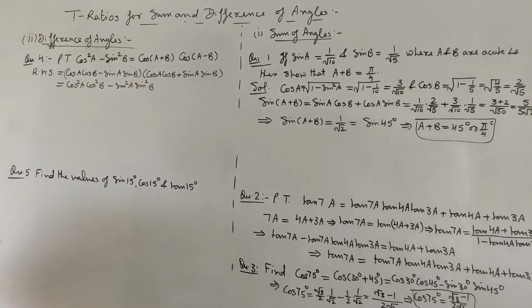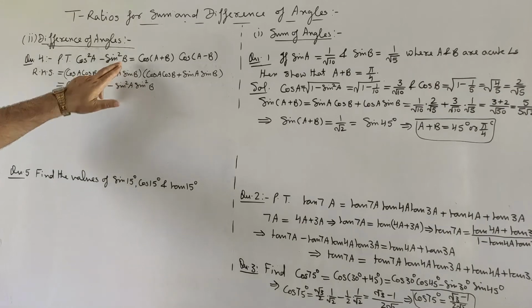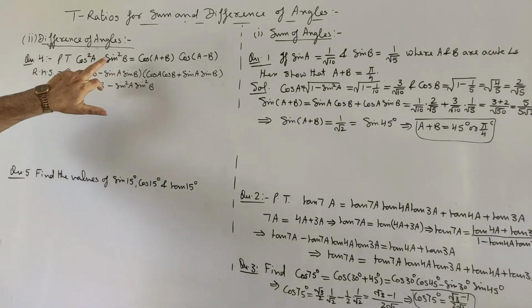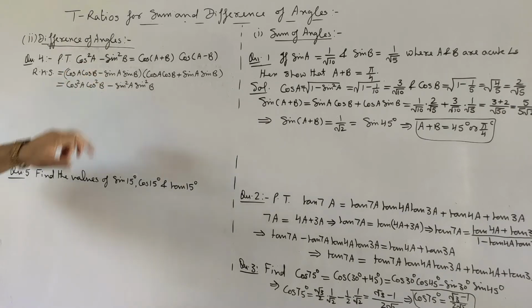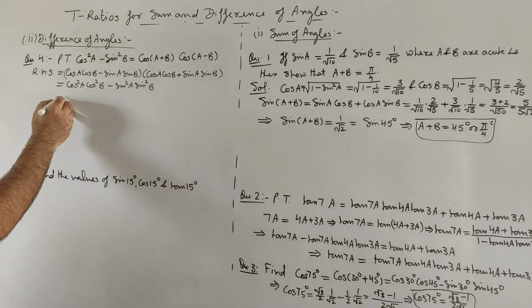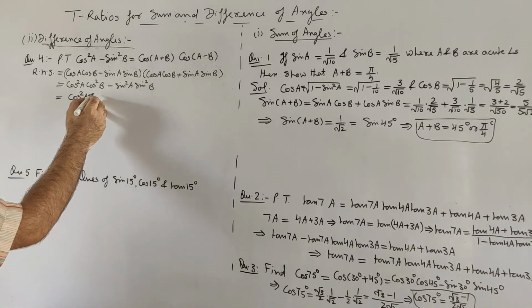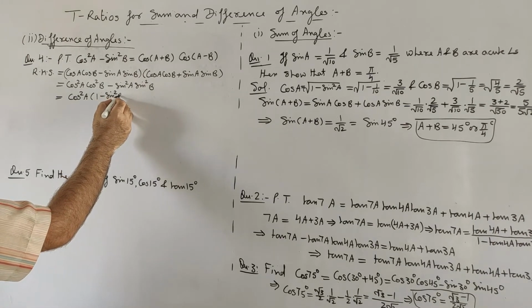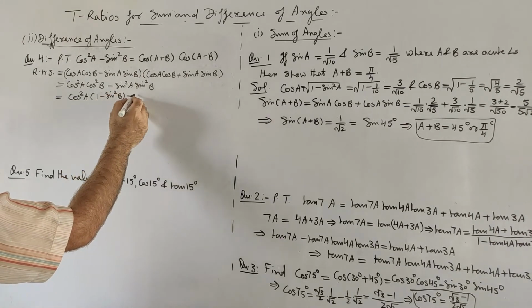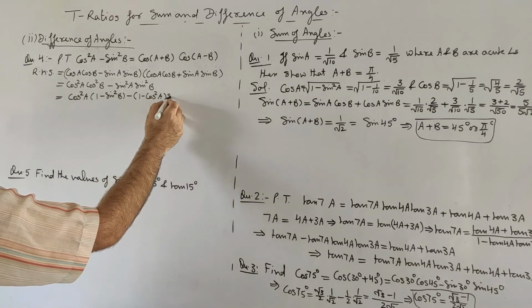Now what is required in the LHS? Cos square a and sin square b. So cos square b will be changed into sin square b, while sin square a will be changed into cos square a, and this will be obtained by writing cos square b as 1 minus sin square b and sin square a as 1 minus cos square a.